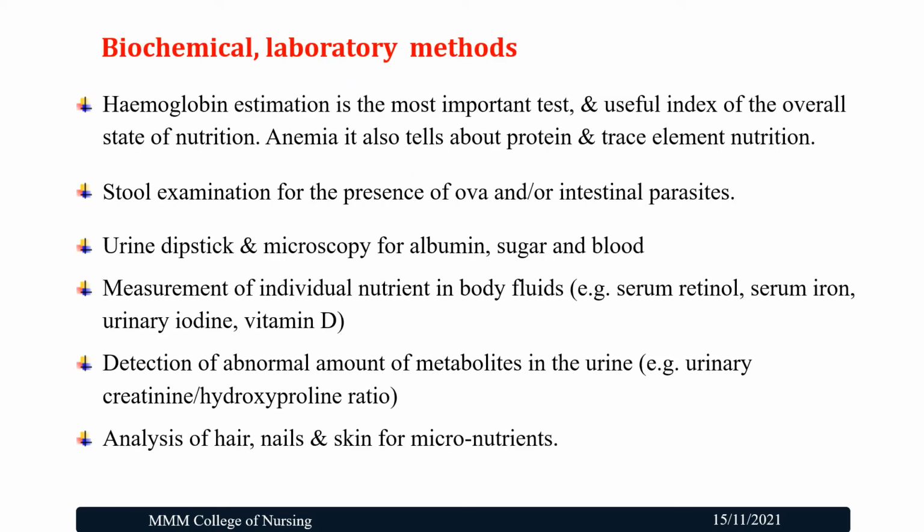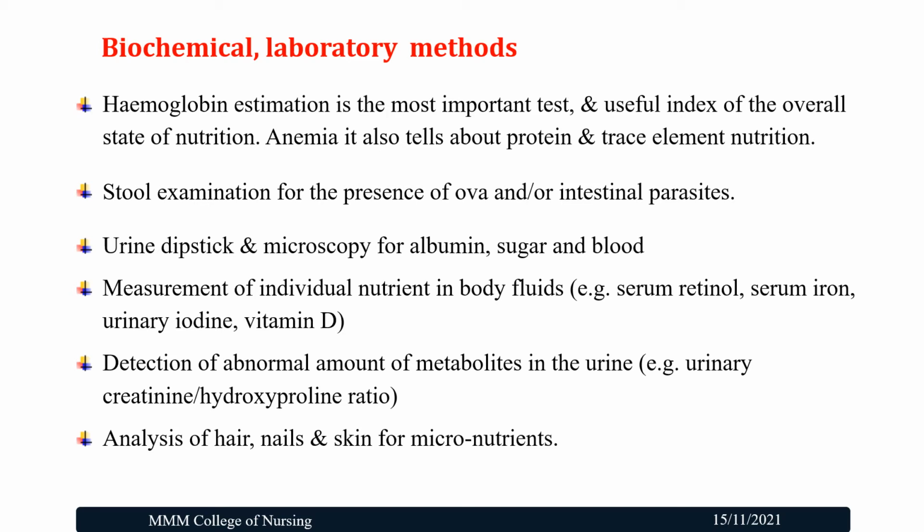Next, under the direct method of nutritional assessment, the biochemical and laboratory method. Hemoglobin estimation is an important investigation to rule out the state of nutrition of an individual and to find out anemia. Stool examination is to identify the presence of ova and intestinal parasites. Urine dip test and microscopic test identify the albumin, sugar and blood of an individual.